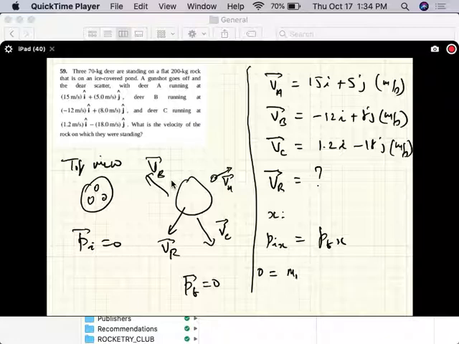So, mass A VAX plus mass B VBX plus mass C VCX plus mass rock VRX. Okay, so everybody understand the subscripts? What do you not understand?